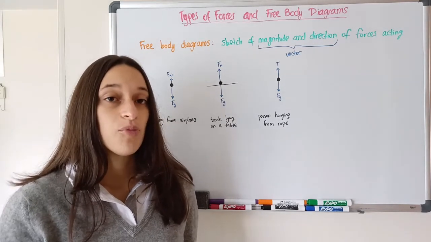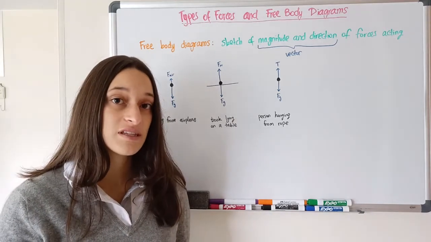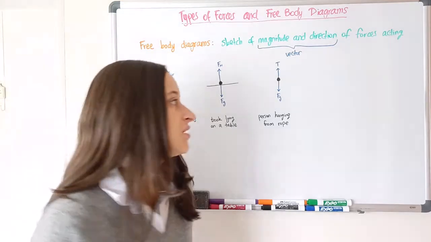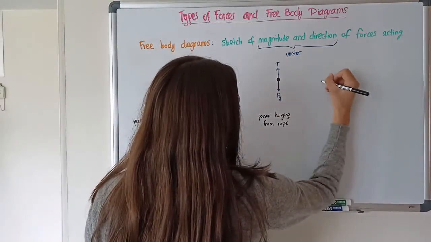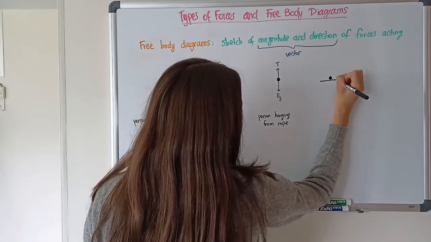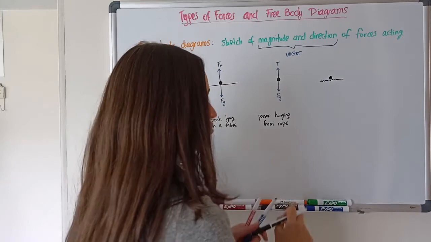Let's do a box being pushed through a rough surface, and there is friction. So we can again draw it as a circle, but if you want to remember that there's friction, we could put this. Of course you don't need it, that's just a reminder.